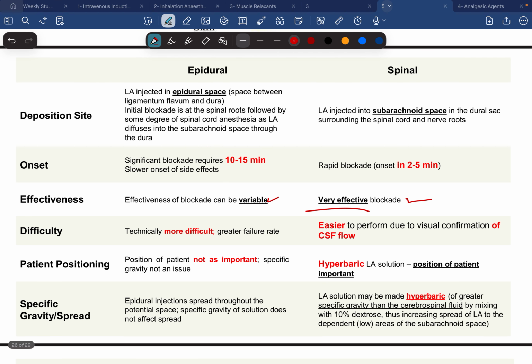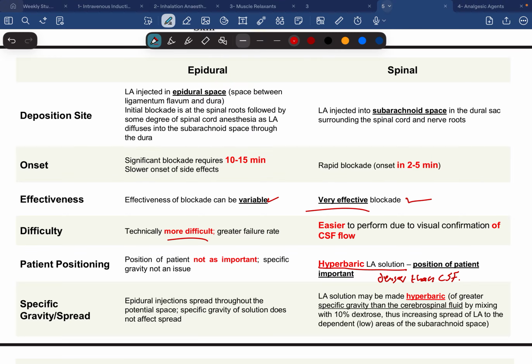Difficulty, technically more difficult. As I said, you never know where you are because you're working blindly. Patient positioning. This means not during insertion. This means after. This is talking about after we put it in. Usually with local anesthetic, we use hyperbaric solutions. Hyperbaric solutions means it's much denser than our CSF. Means that if the patient is sitting, it all would sink down.